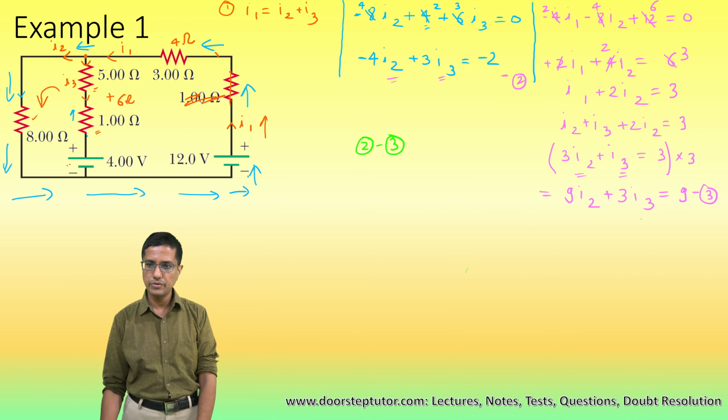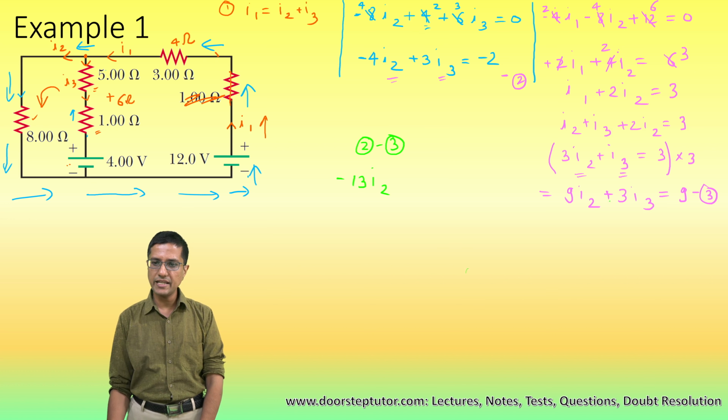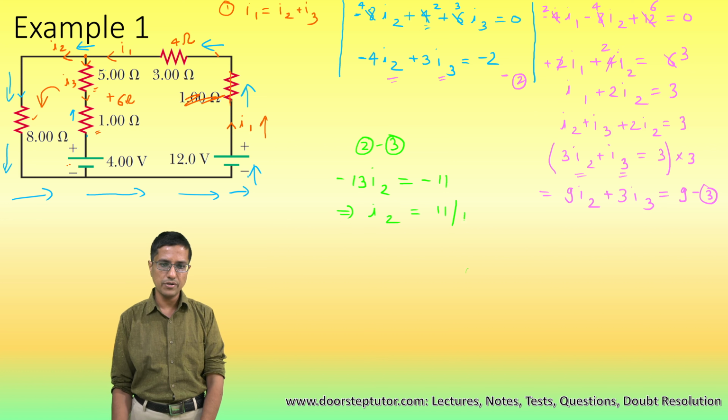So this is minus 4I2, and this is also subtracting, so minus 9. 9 plus 4 is minus 13I2. Okay, that is simple only. This 3I3 and 3I3 would get cancelled, and this is minus 2 and this is minus 9, and this will become minus 11. So from here I can quickly get the value of I2 as 11 upon 13.